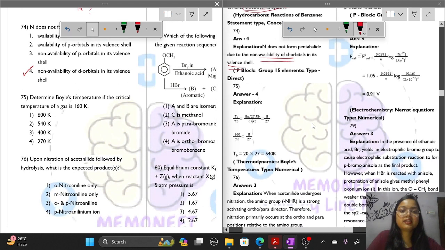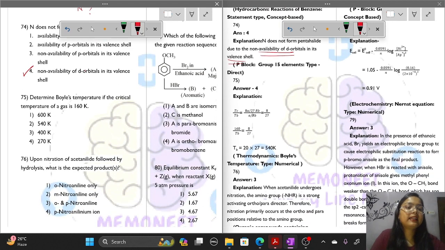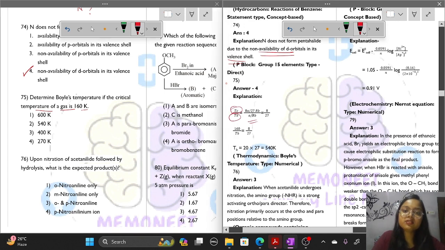Question number 75. Determine Boyle's temperature if the critical temperature of a gas is 160 Kelvin. For Boyle's temperature, we can say that Tc by Tb is equal to this.